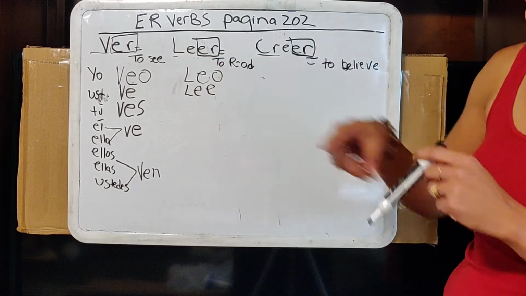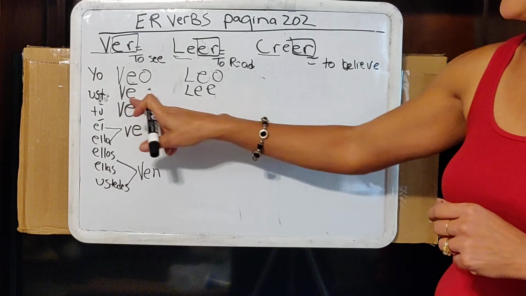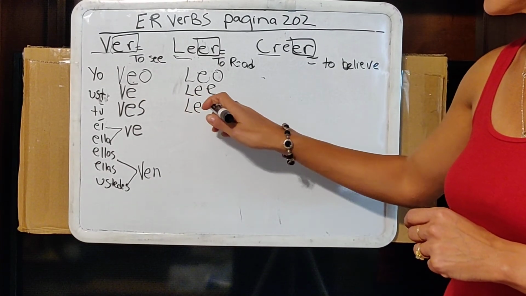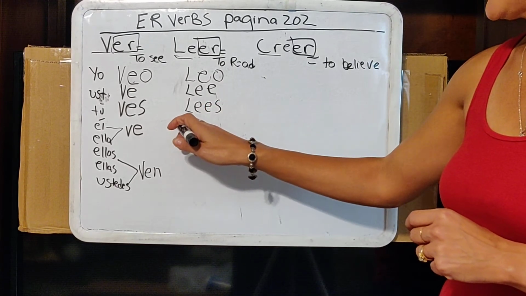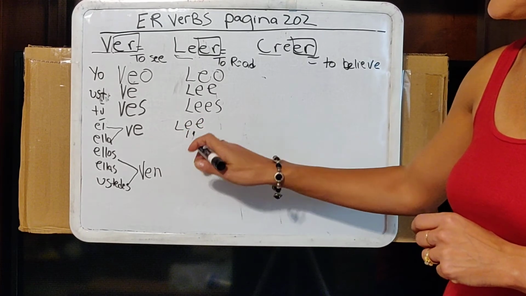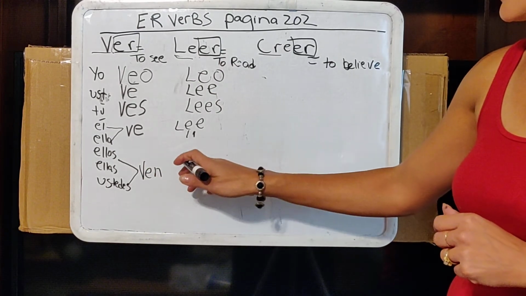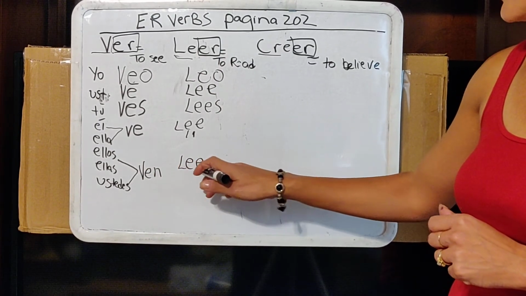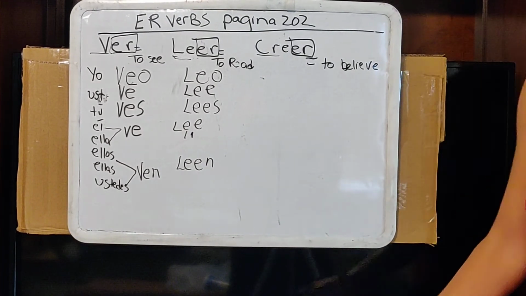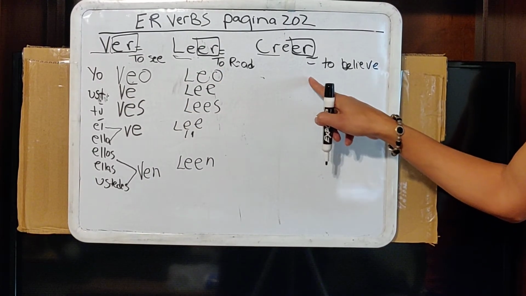And that's because the stem has an E in it and over here it does not. So you do have to say usted lee. Then you have tú lees, él and ella lee. I'm just going to do the little notation that indicates you're repeating. And then ellos, ellas, and ustedes leen. Okay? So remember, again, even though it appears and it looks awkward, you do need the double E because of the stem. The same is going to be true with creer.